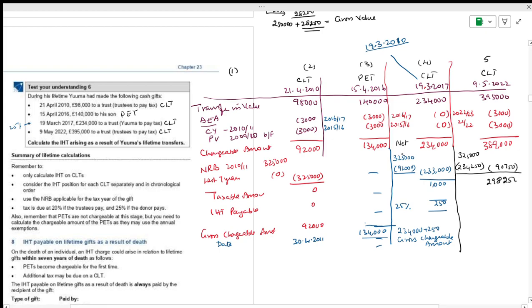298,250. Okay, this is again by the donor. 20%. 298,250 times 20%, how much will we get? 59,650.